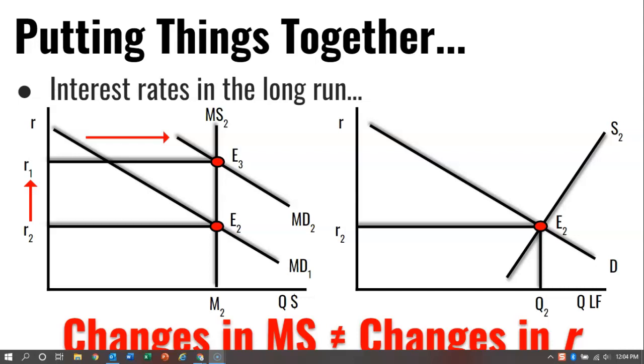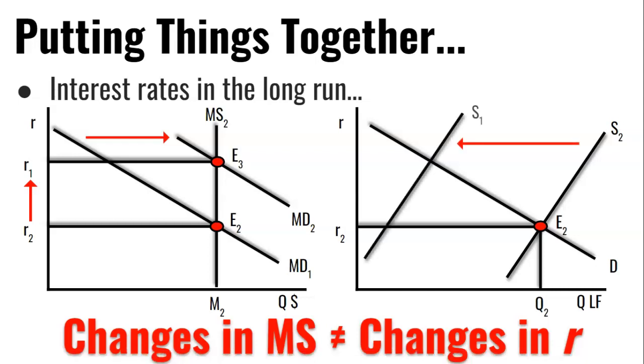And as it shifts to the left, we'll see an increase in the interest rate back up towards the original level of R1. So short term, there is a change in interest rates. Long term, the economy begins to readjust itself, and we see sort of no long-term impact on interest rates.